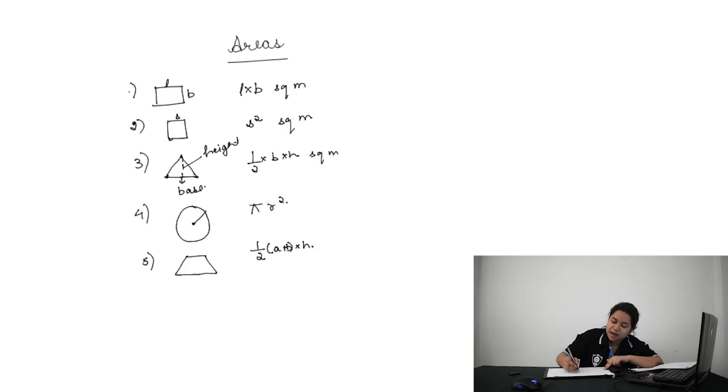For example, let's take the example of a parallelogram. If you see closely, it can be divided into two triangles and one rectangle. So this is one triangle, and this is the other triangle, and this is one rectangle.